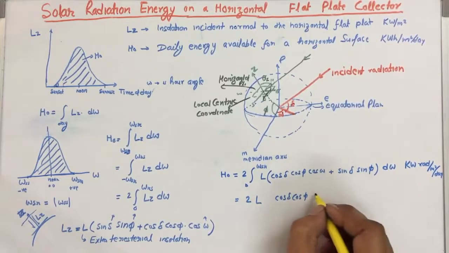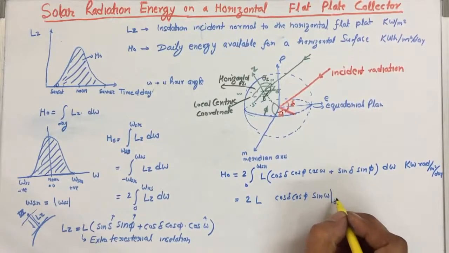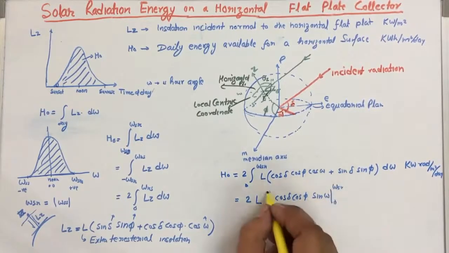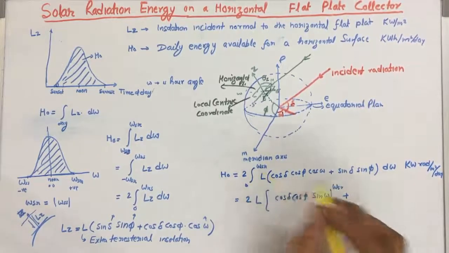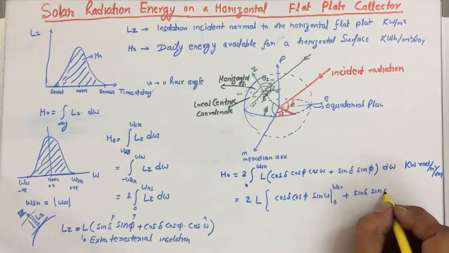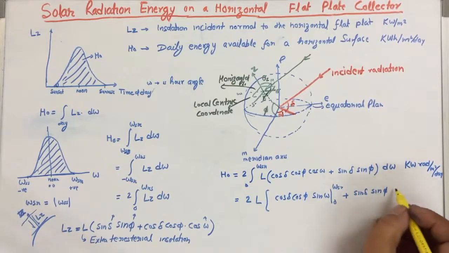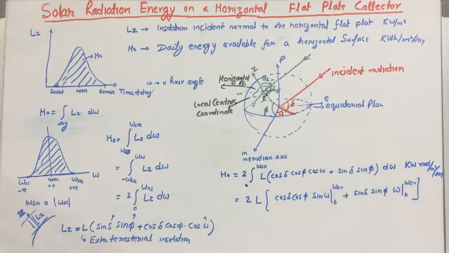This is the term that will be sine omega, and it will vary from 0 to omega SR. Same way, this term is independent, so sine delta and sine phi times omega, from 0 to omega SR. Hopefully it is okay.